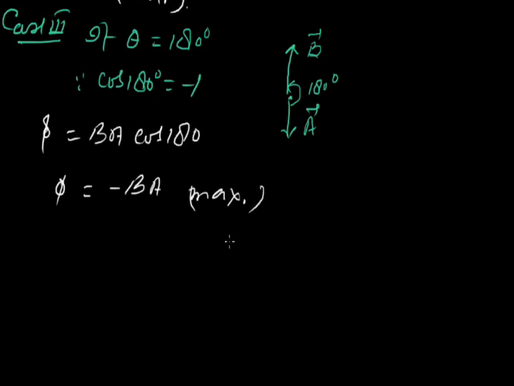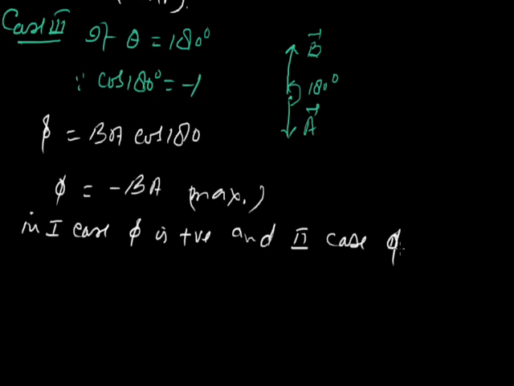In the first case phi is positive, and in the second case phi is negative. Phi positive means outgoing flux and phi negative means incoming flux.